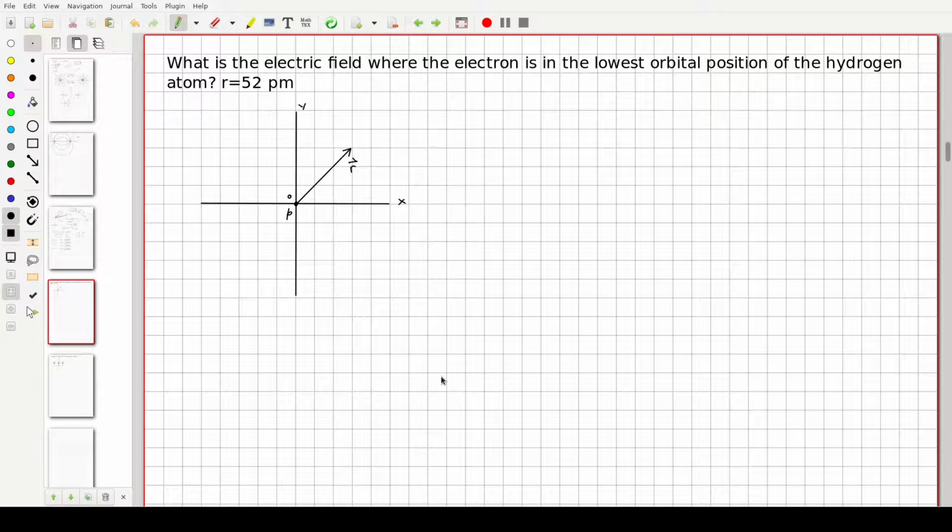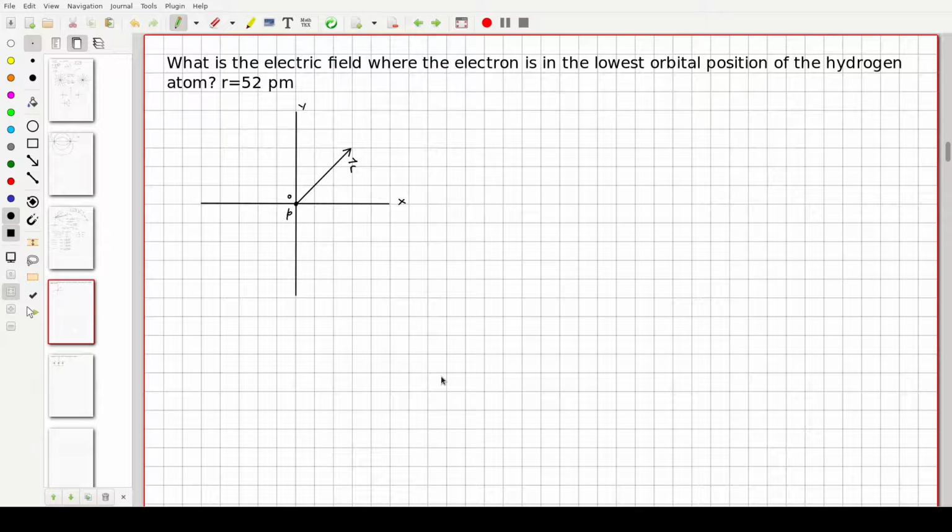We did an example sort of like this in a previous video, dealing with the force. But what I want to do is one that deals with what the field looks like there.